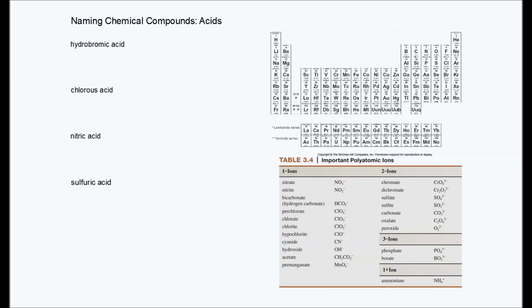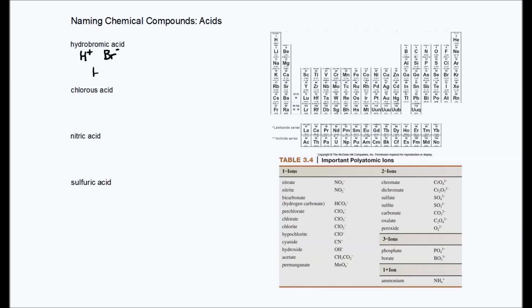So let's now turn our attention and look at going from name to formula. Hydrobromic acid. This is binary, and I know that because of the hydro. Bromic must mean bromine. Acid means H+, so I have an H+. I have bromine ion. This is binary, remember. Bromine minus 1 charge.